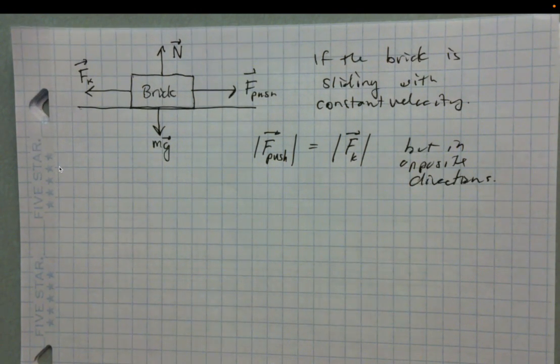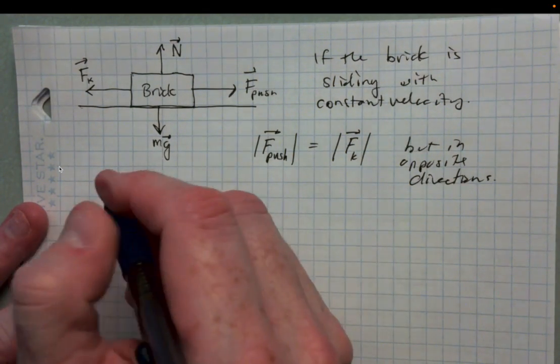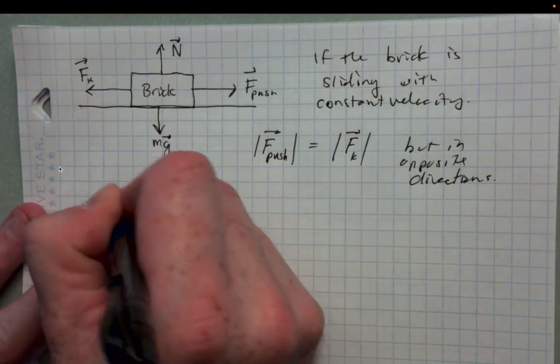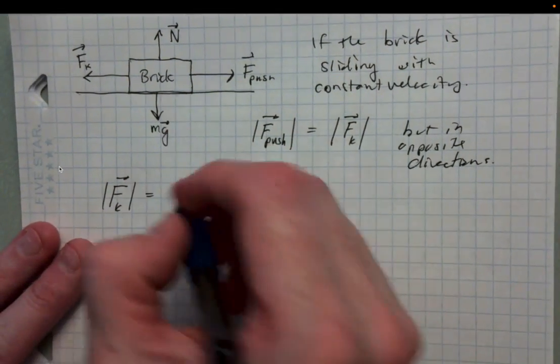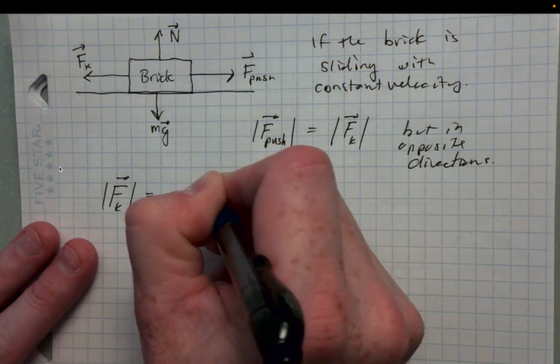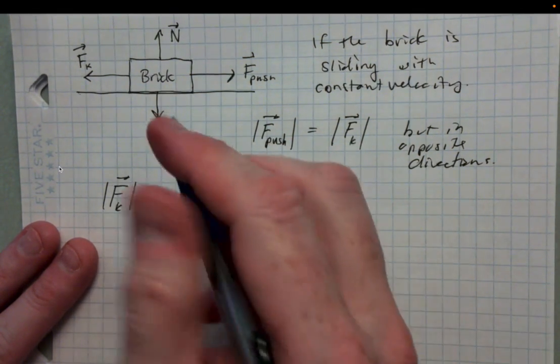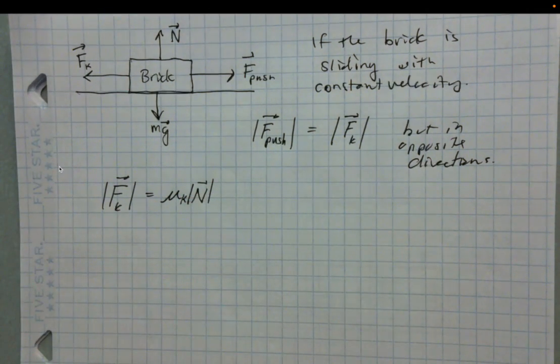Now, we also see the normal force and gravity in the diagram. It turns out that friction is closely related to the normal force. The kinetic force of friction is equal to, and we'll talk about the magnitude, whatever the magnitude of the normal force is, times a constant which we call the coefficient of kinetic friction.